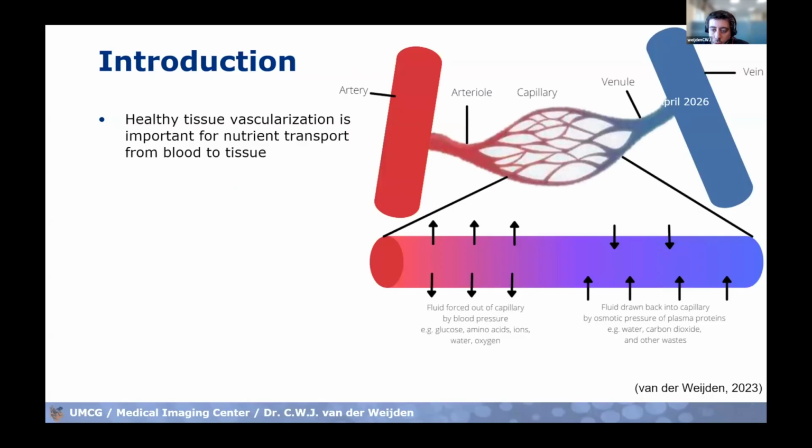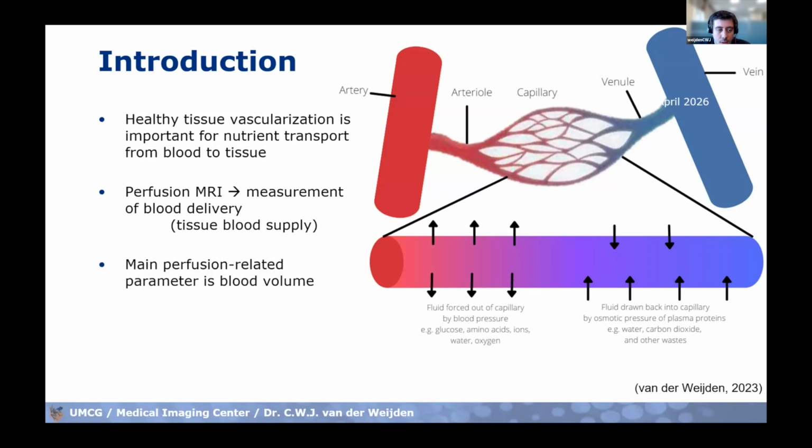Healthy tissue vascularization is essential for nutrient transport from blood to tissue, and in MRI, the measurement of the blood delivery to tissue is called perfusion. One of the main perfusion-related parameters that you estimate is the blood volume.